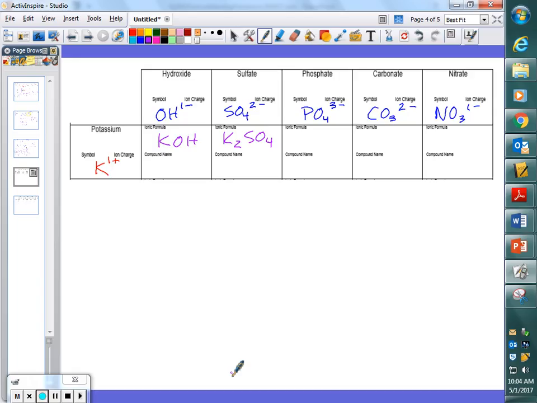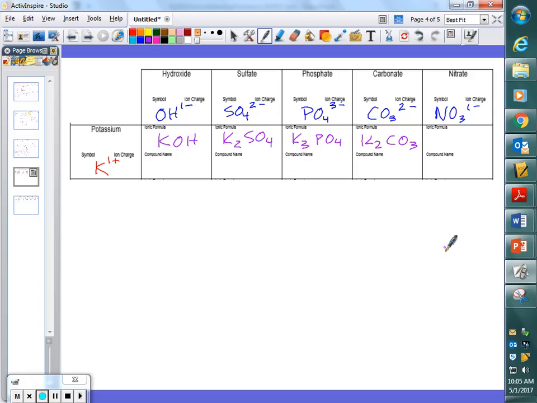Phosphate, 3 minus, right? Each potassium can only donate 1 electron. How many potassiums are we going to need for each phosphate? Carbonate needs to pick up 2. Each potassium can only give 1.